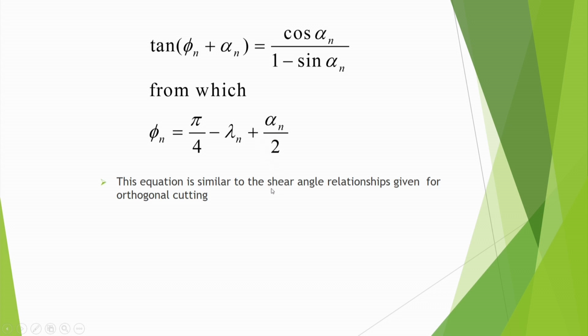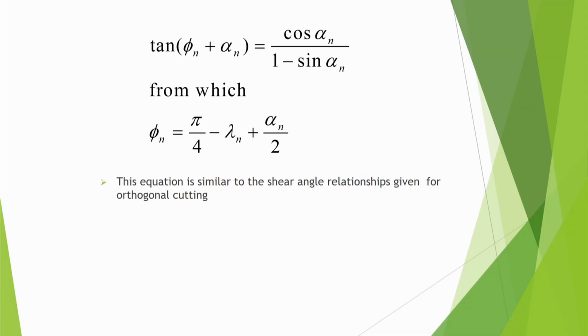This equation is similar to the shear angle relationship given for orthogonal cutting. So if we believe in the Stabler analysis, then phi n will be equal to pi by 4 minus lambda n plus alpha n by 2.